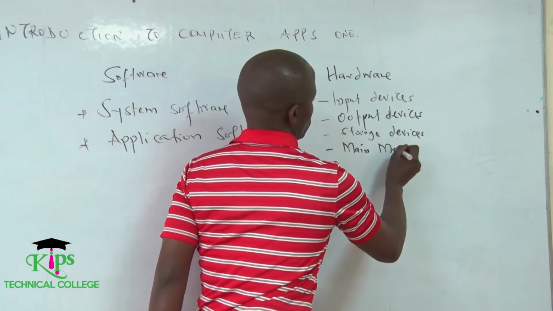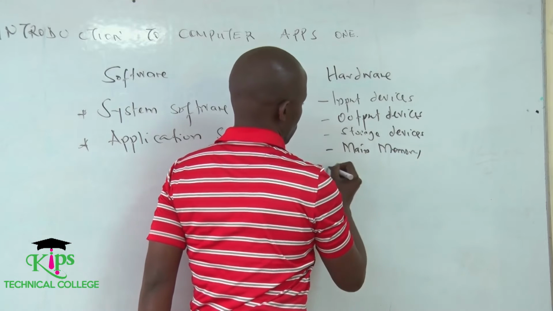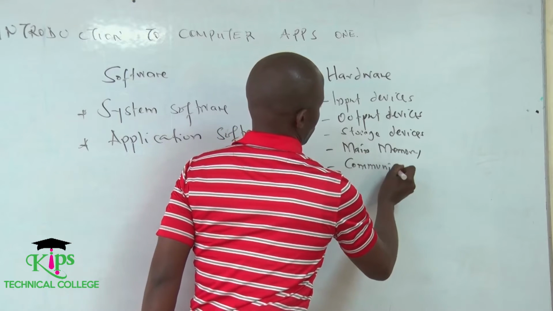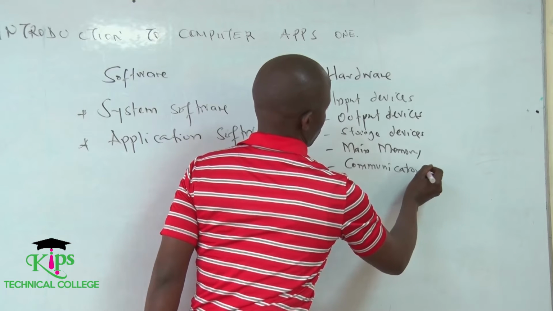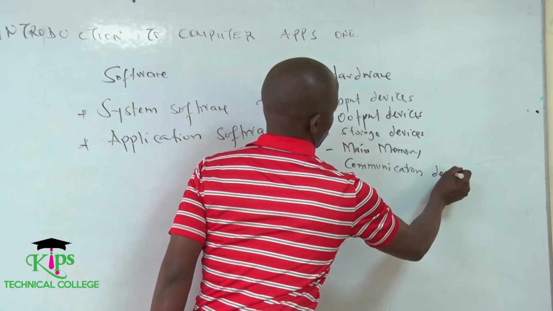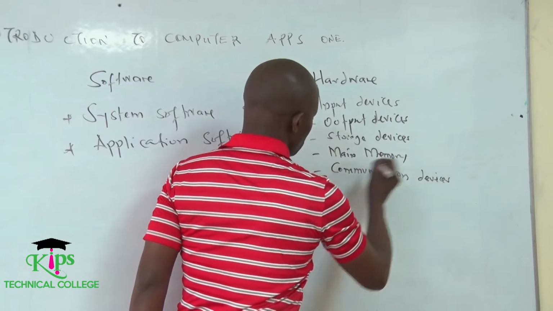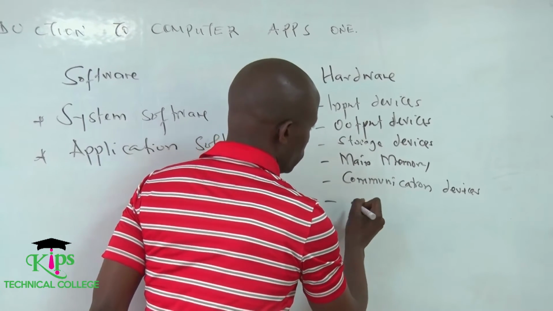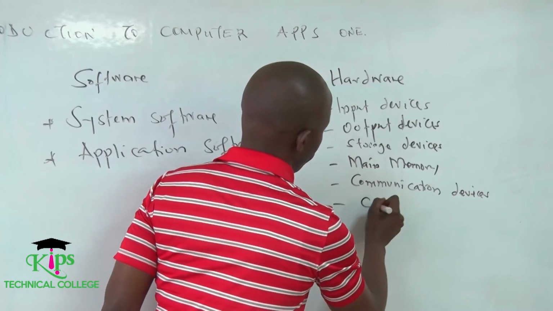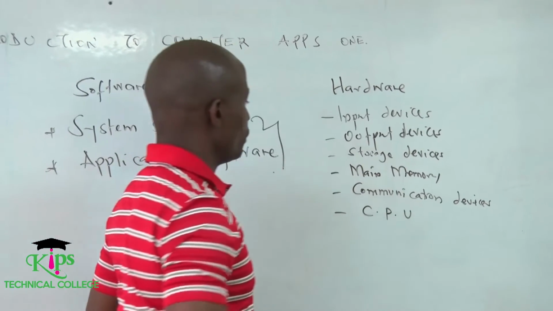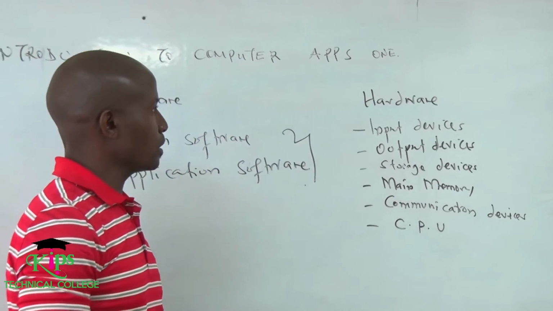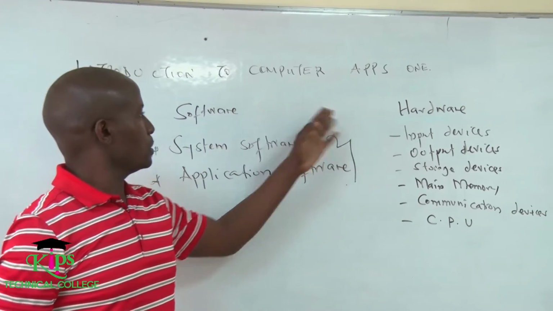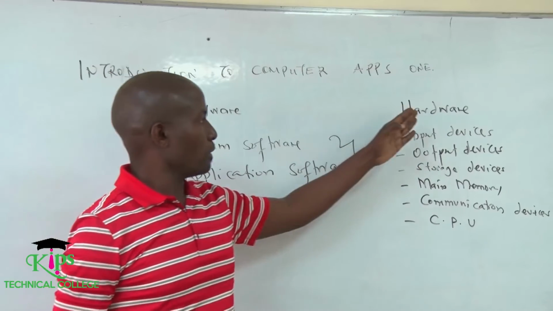We have the main memory. We have the communication devices. And we have, lastly, the CPU. Basically, this is how our computer is, software and the hardware.